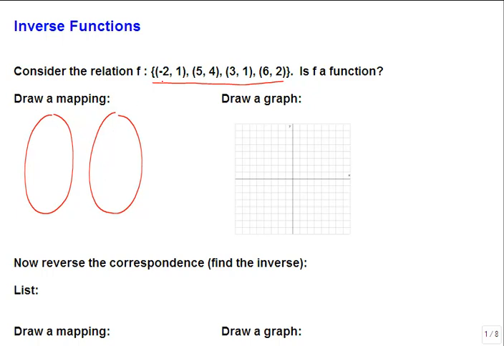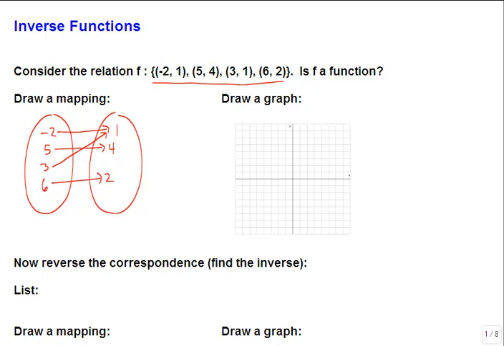So in this first ordered pair we have -2 being sent to 1, so that's how we're going to show it in a mapping. Then we have 5 being sent to 4, 3 being sent to 1, and since I've already used 1 in my outputs over here, I'm going to continue to use it again and just draw my arrow up like that, and then 6 gets mapped to 2. So that's what a mapping would look like.